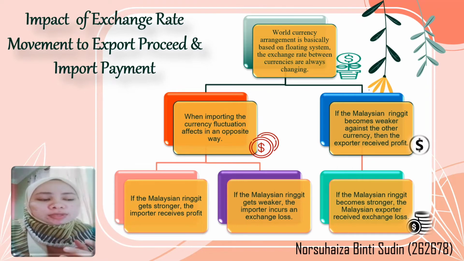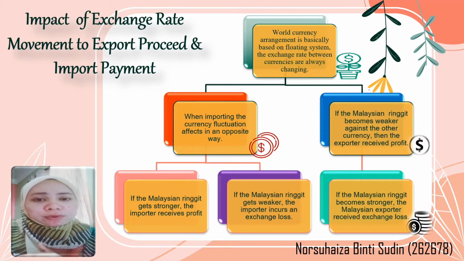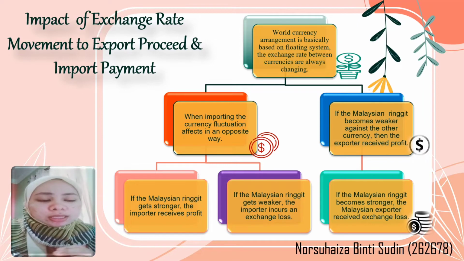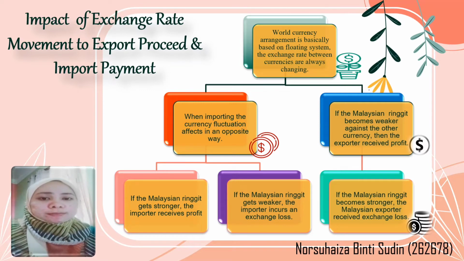Malaysian goods and services become more expensive for foreign consumers, resulting in them not favoring Malaysian products. It is because it takes more of a foreign currency to purchase a strong ringgit. Besides, product prices in ringgit are more expensive when sold overseas.